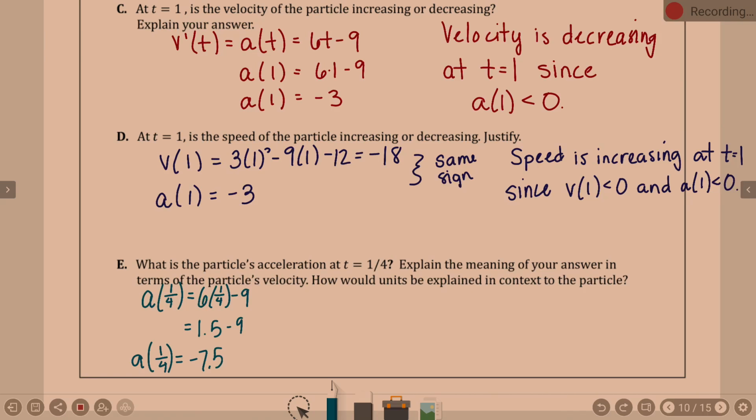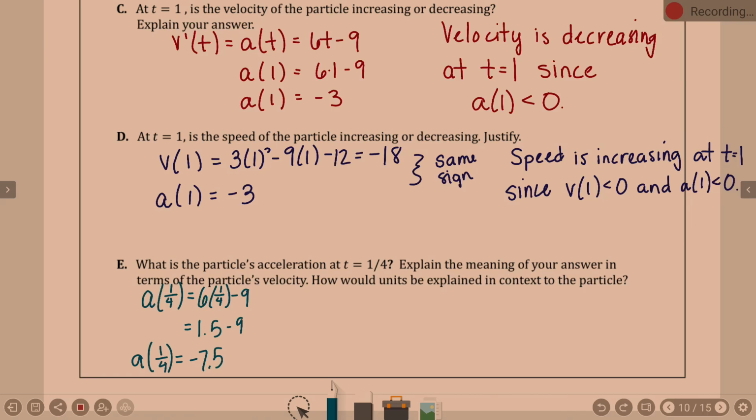First of all, let's talk, is the particle's velocity increasing or decreasing? Yes, the velocity is decreasing. And I'm going back to explain the meaning of your answer in terms of the particle's velocity. So at time 1/4, we know that the velocity is decreasing because the acceleration is negative. In terms of units, do they officially give us any units on this problem? It does not look like it.